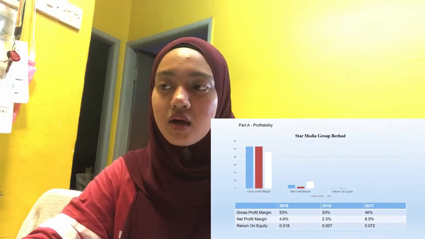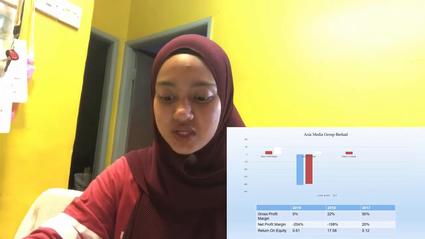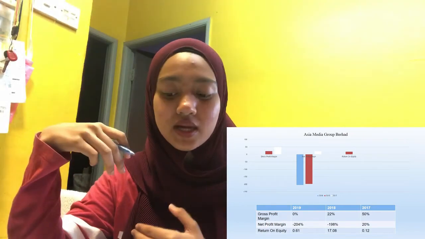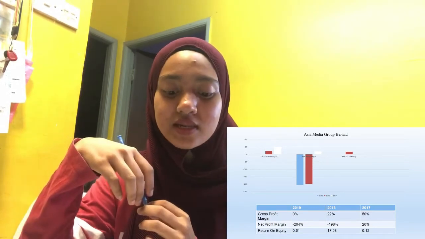For Asia Media Group Berhad, their cash flow from operations is negative and lags significantly behind reported net income, which we can see as they have no net income in 2019. This can also be seen in the gross profit margin, where the company could not achieve any profit for 2019 and only provides 0%.